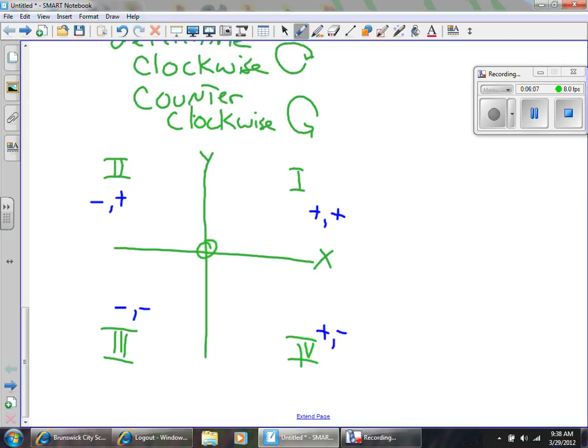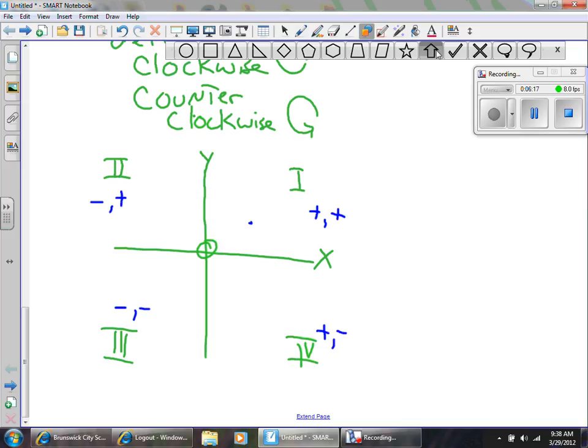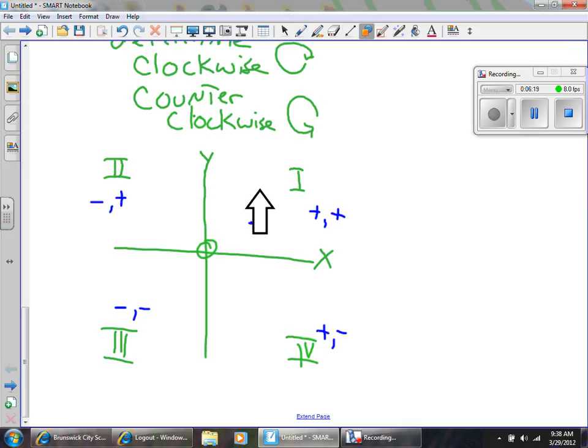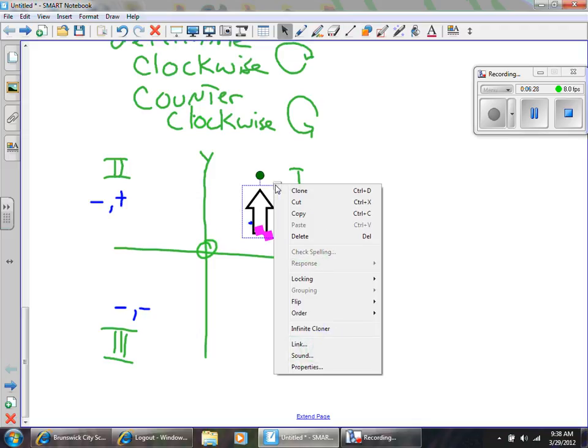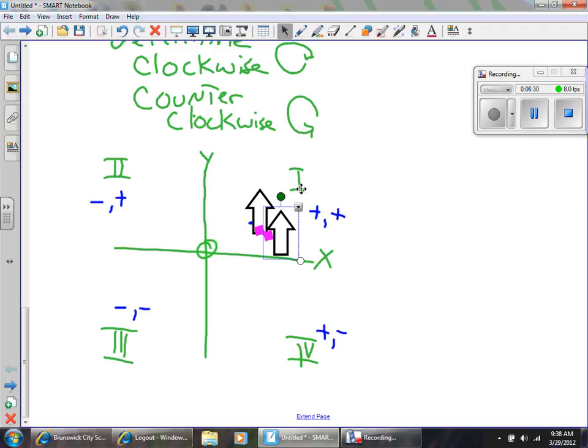If your original shape is, say, here, when it rotates, let me give you something more obvious. Let me use that arrow from before. Where is my arrow? Okay. When it rotates, it's going to move 90 degrees either to the second quadrant or the 4th quadrant. And what you'll need to do is decide which quadrant it is based on clockwise or counterclockwise.